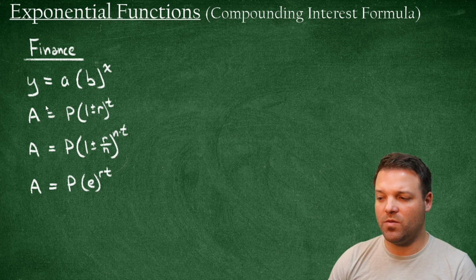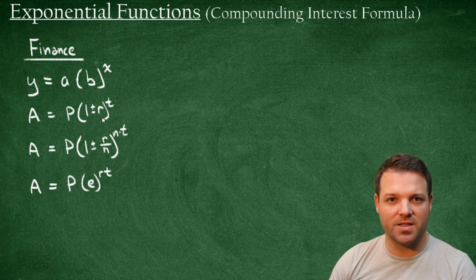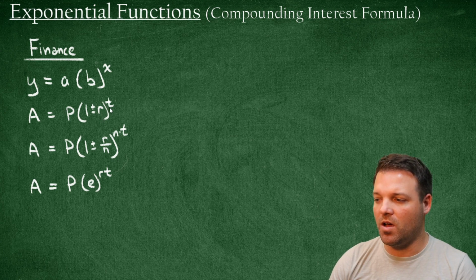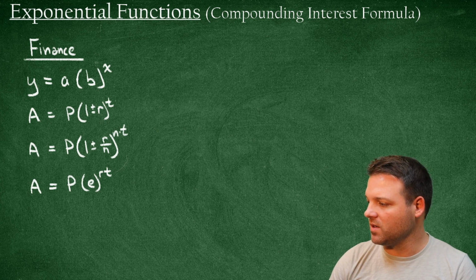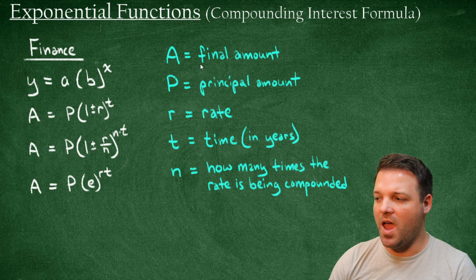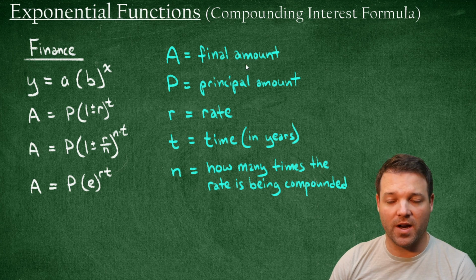So the three major formulas, at least that we're going to cover in this particular class, are going to be this first one, which is A is equal to P times 1 plus or minus the rate, and that's whether or not it's increasing or decreasing, all to the power of t. And in this case, actually, let's go ahead and label these real quick. A is going to stand for the final amount.